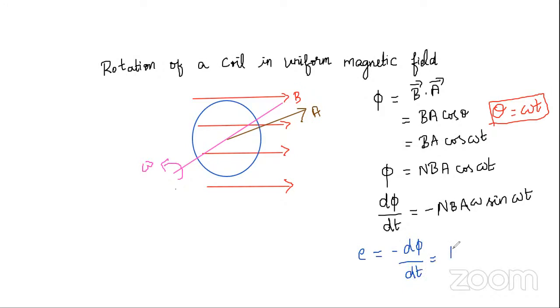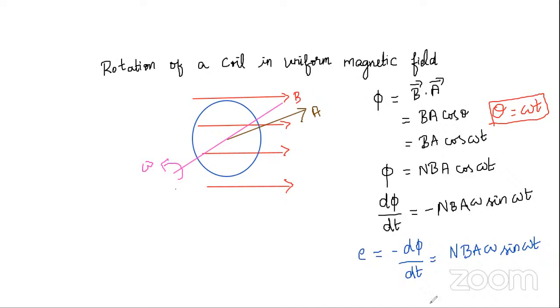So from this equation it is NBA omega sin omega t. This is the EMF generated due to the rotation of the coil in the uniform magnetic field.